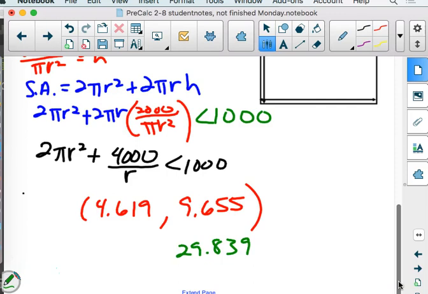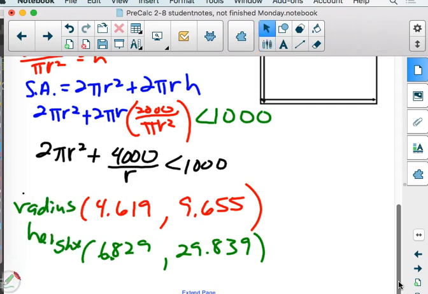And second enter. You know what? I bet we ran out of time last year. That's probably why. 6.829. So I probably better label this radius. Height. And we're good to go.